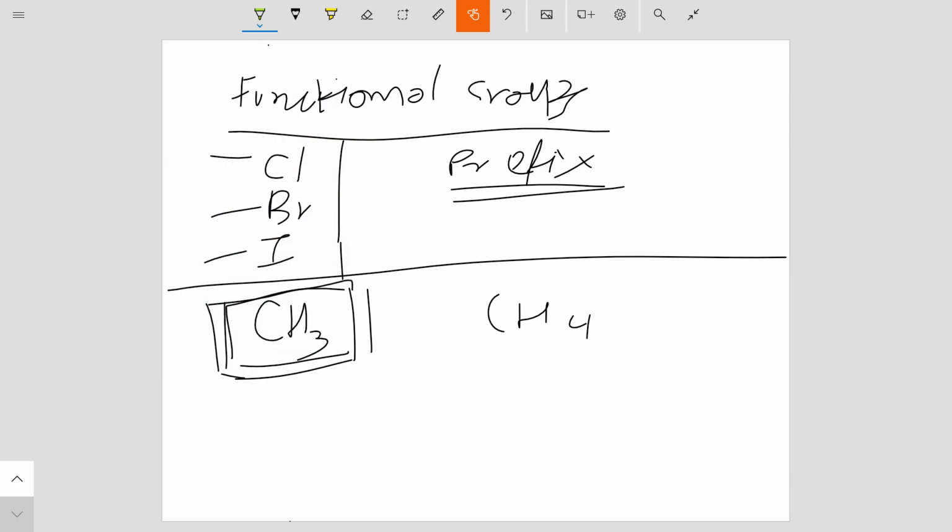When we add Cl to CH3, you get chloromethane, dichloromethane. As simple as that. Okay, so the next one is alcohol.